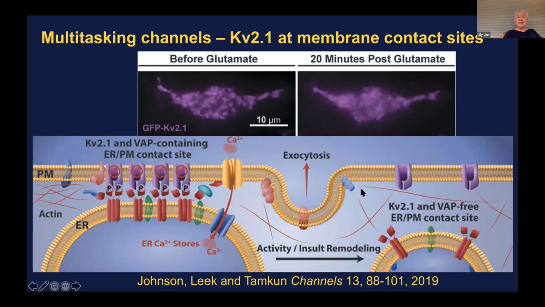The underlying mechanism likely involves calcineurin dephosphorylation of Kv2.1, causing the dissociation of Kv2.1 from VAP and leading to the dispersion of Kv2.1 on the cell membrane.